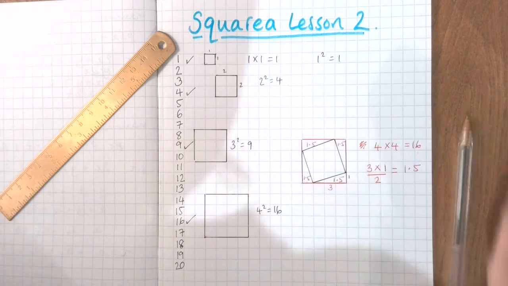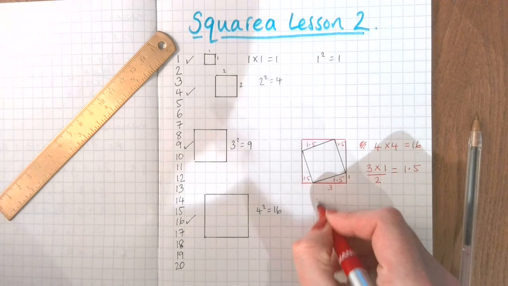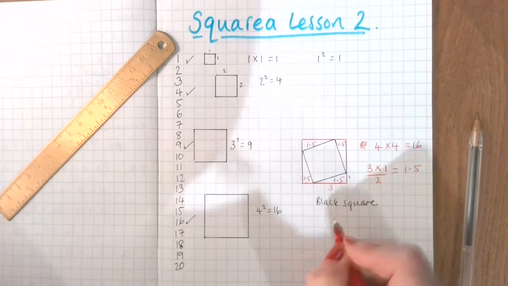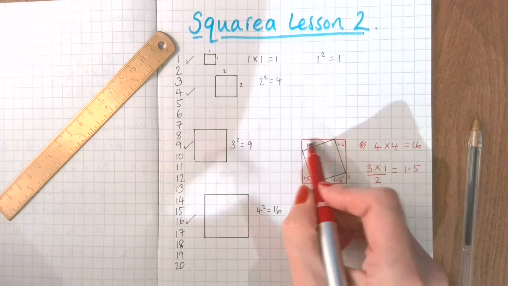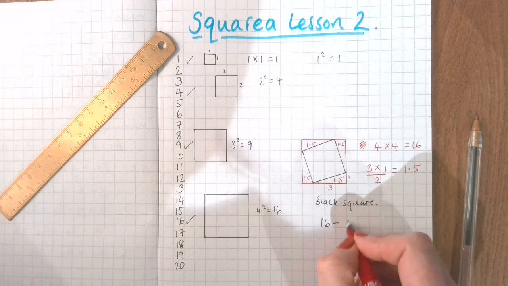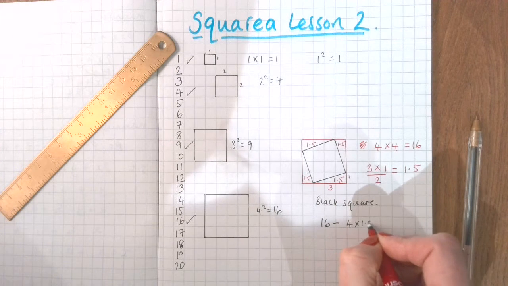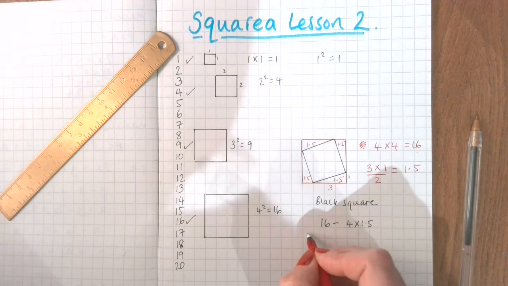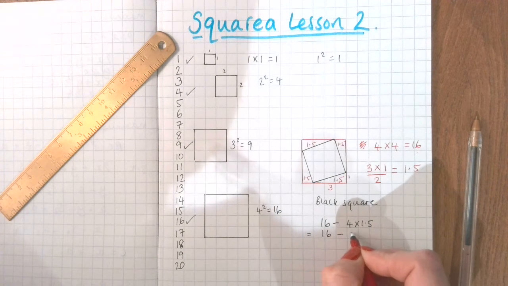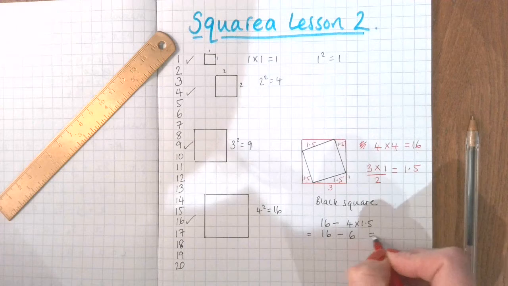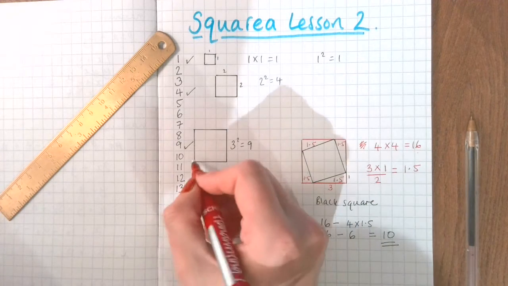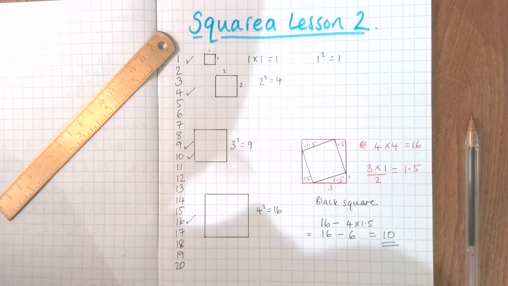So the area of the black square is 16, that one on the outside, take away 4 lots of 1.5, so that's 16 take away 6, which is 10. So now we can tick off that one.